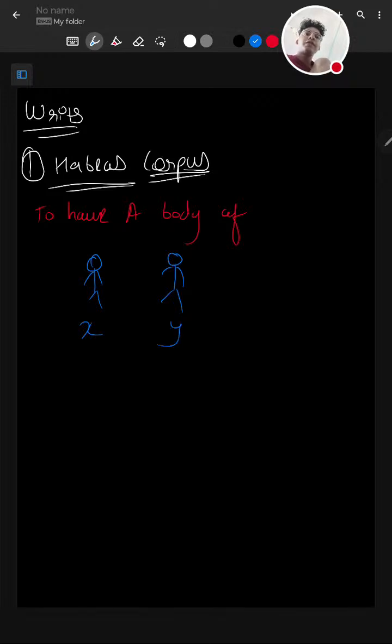Now, supposedly, X got kidnapped by Y, and Y kidnapped him in illegal ways. X was not part of it, this was not a prank, it was an actual kidnapping. Now X can issue habeas corpus, saying I have the body of, and he can issue habeas corpus against this Y guy who kidnapped him.